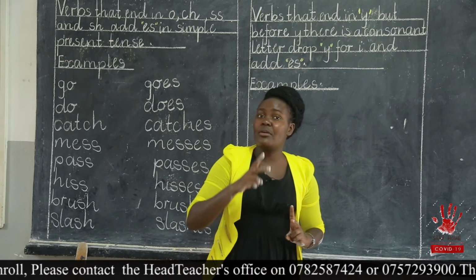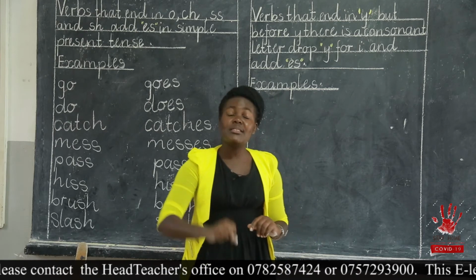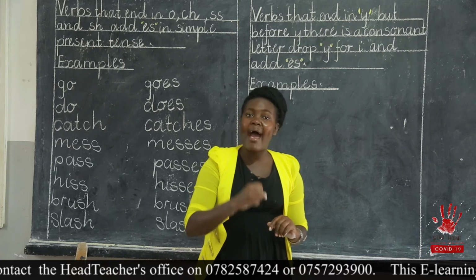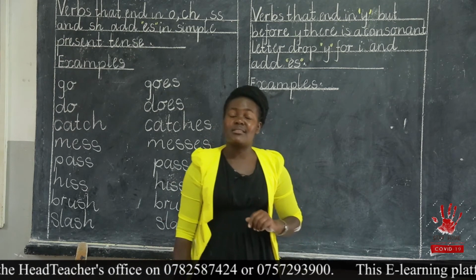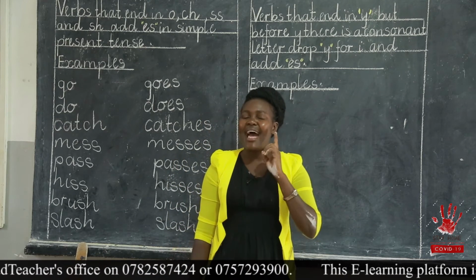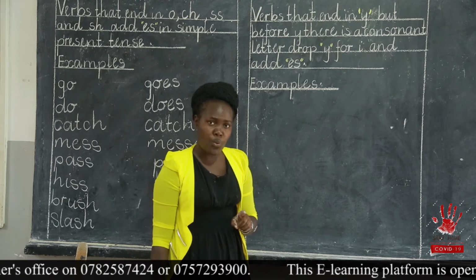Remember, there are two categories of letters. There are those ones that are vowels. The vowels are 5. That is A, E, I, O, and U. The rest of the letters are consonants. So those consonants are the ones we are dealing with right now.